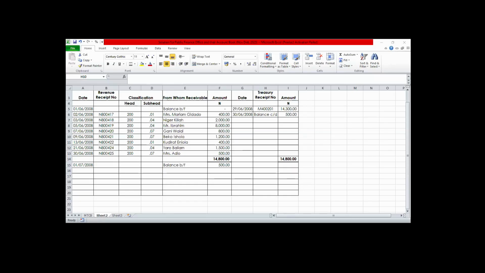The main cashier reimburses any amount spent on the last day of each month. The following transactions took place in the month of November 2008. Dates, particulars, and amounts. For November 1, tea and sugar, 4,000 naira. November 3rd, purchase of petrol, 800.